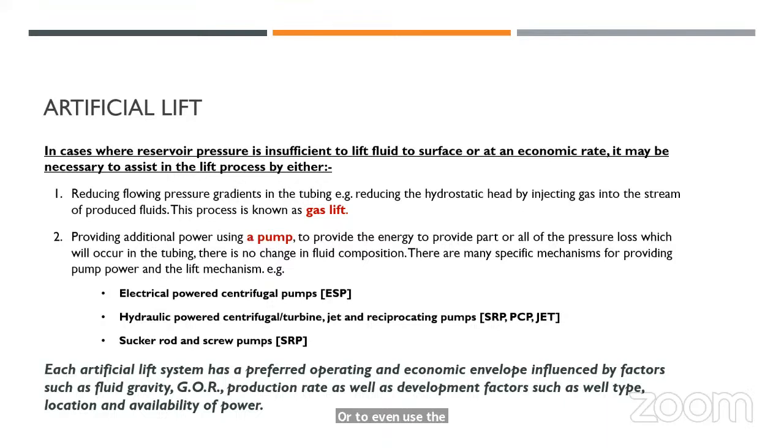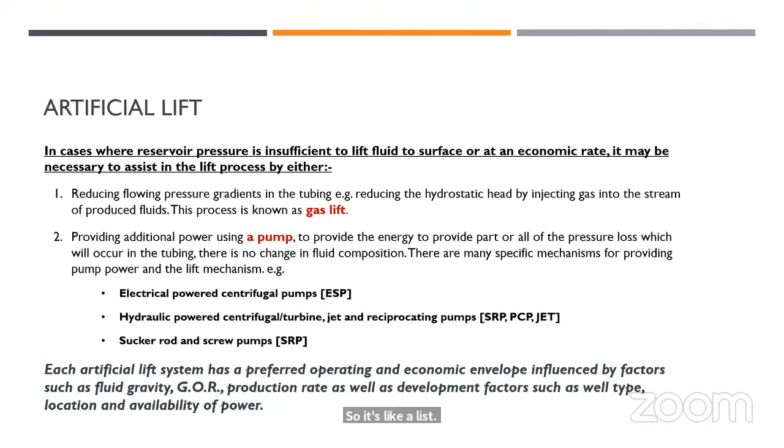Artificial lift can be categorized into two major categories. Either we install a gas lift. Gas lift is basically injecting gas inside the stream of fluids to reduce the pressure losses that happen during the flowing up inside the wellbore. So with gas lift, we need to reduce the hydrostatic head.